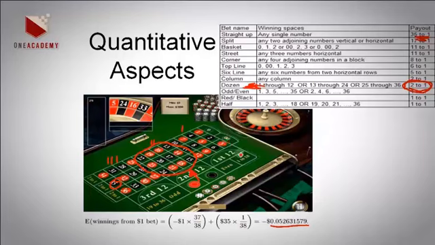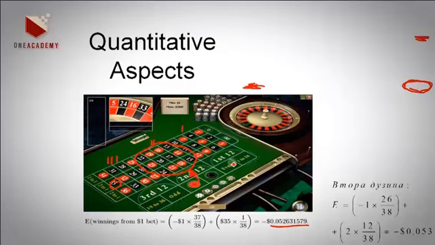Okay, now that you have tried to solve it yourself, let us see what the correct answer is. The correct answer should be calculated as follows. First of all, we have a -1 in case of losing, multiplied by 26/38, where 26 are all the fields that we have not bet on, out of 38 possible, plus 2, which denotes the possible earnings in case of winning, multiplied by 12/38, where 12 is the number of fields we have bet on.